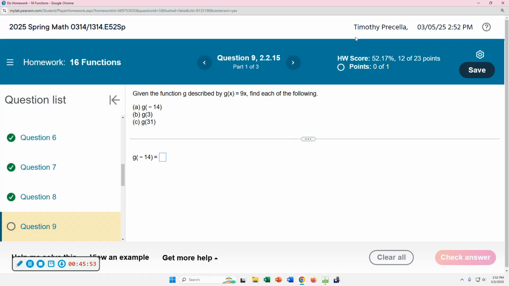Okay, they have another function. f is the letter that's usually used for functions, but there's nothing that says you've got to use f. Now here they're using the letter g. Given the function g described by g of x equals 9x, what are we trying to find? g of negative 14.